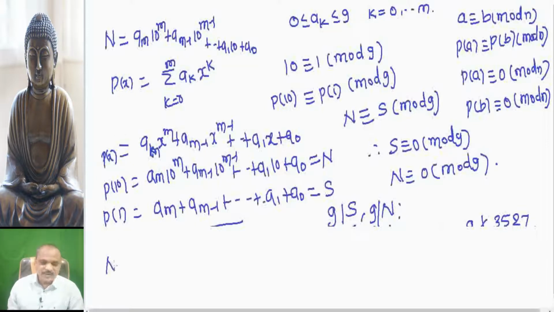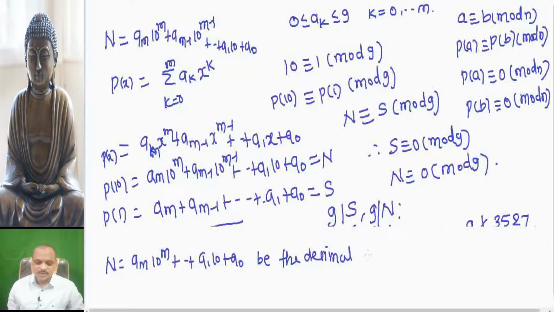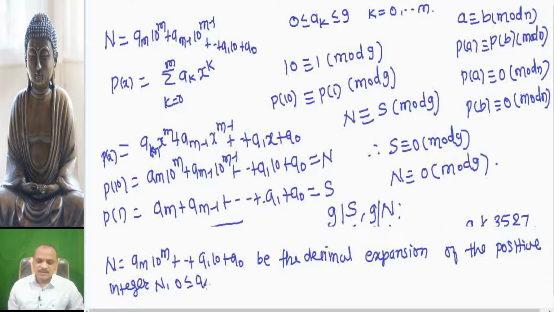So if n equals a_m 10 raised to m plus ... plus a1 10 plus a0, this is my number, the decimal expansion of the positive integer n, where 0 is less than or equal to a_k, less than 10.